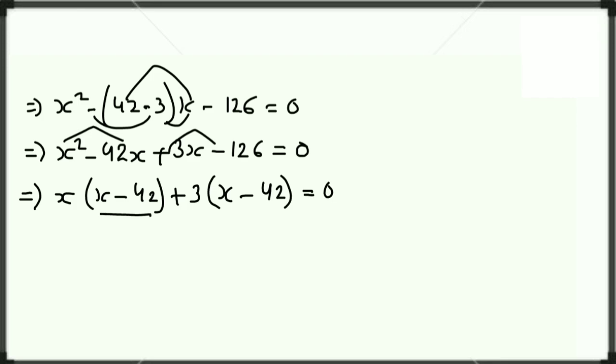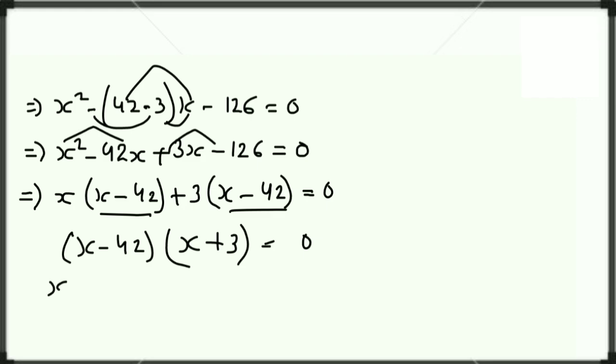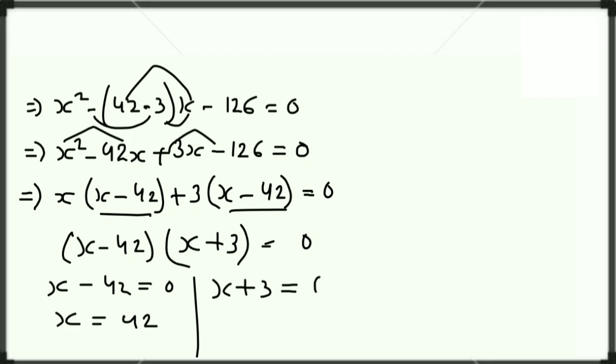Now x minus 42 is common and here remains x plus 3. Now x minus 42 make it equal to 0. So x equals 42. Again x plus 3 equal to 0, and here we obtain x equal to minus 3.